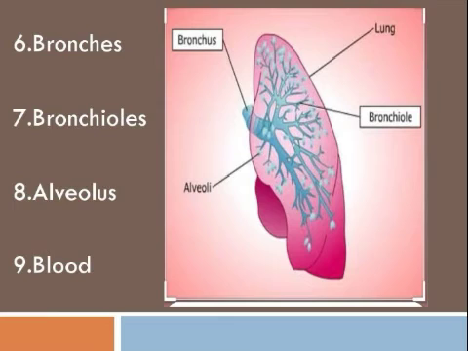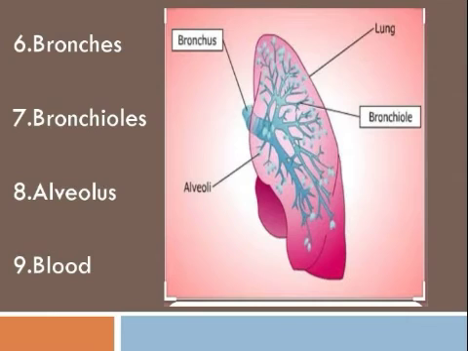Next one we talk about alveolus. Alveolus is a word used in anatomy for hollow cavities, which are empty areas within the body. The word alveolus is usually used to talk about small air sacs in the lungs of mammals.